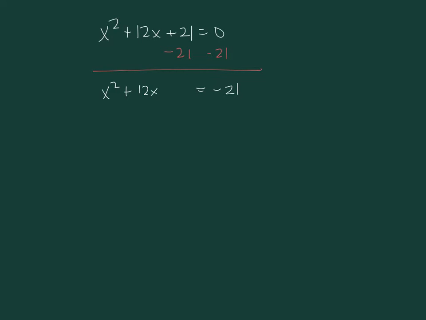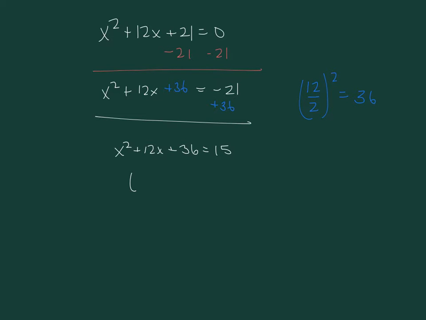I then am going to take the middle term, divide it by 2, and square the whole thing, which is going to give me 36, because 12 divided by 2 is 6, and 6 squared is 36. And I'm going to add 36 to both sides. What this does is it gives me x squared plus 12x plus 36 equals 15.